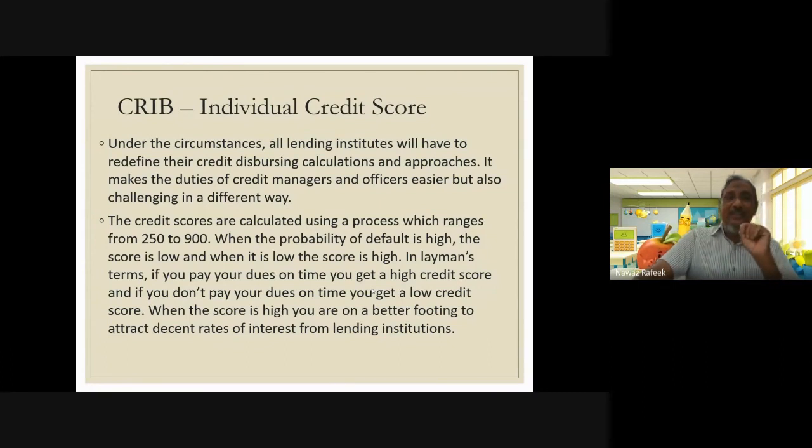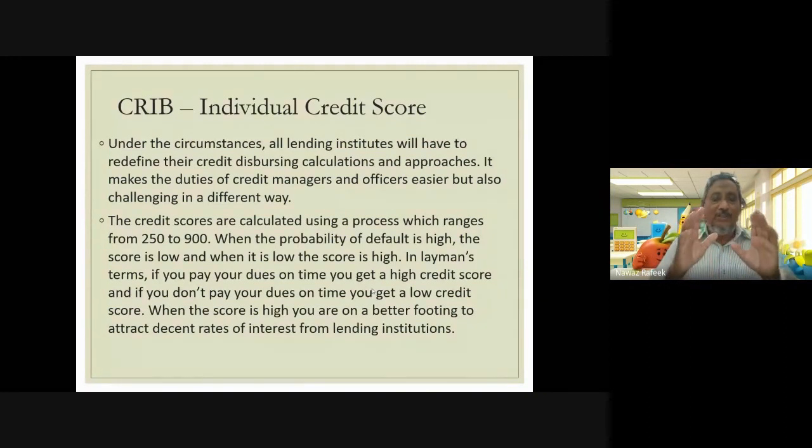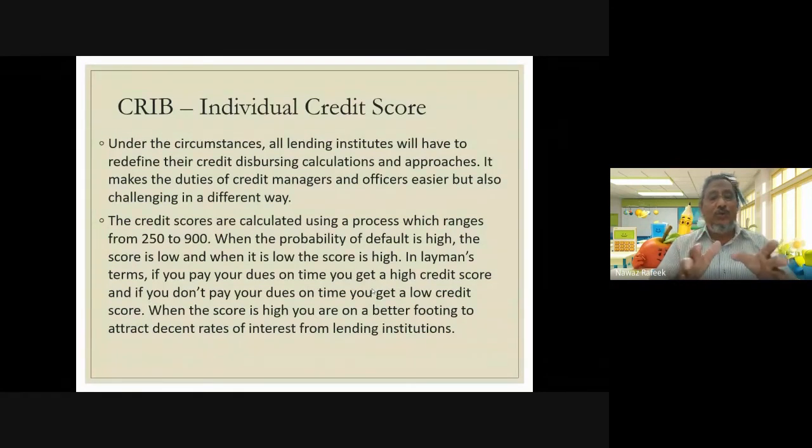It makes the duties of credit managers and officers easier, but also challenging in a different way. Understood? Your credit decision making is made easy. You can depend on the scoring, because it has a wider range, not only past performance.